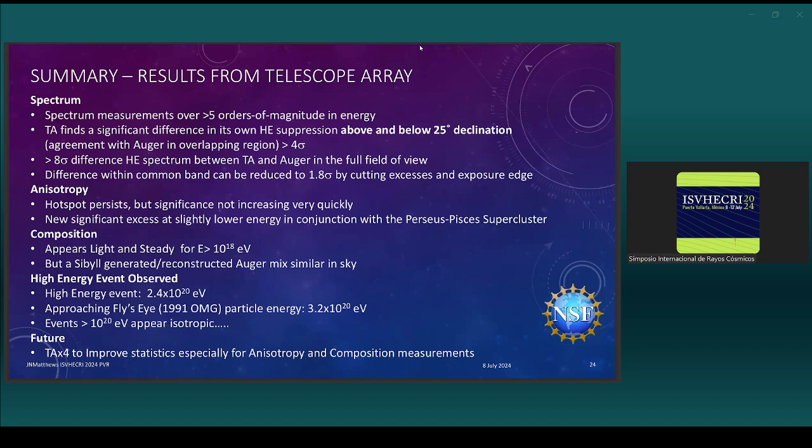I think a handful of years with TA times 4 will make a significant difference, but in the end, you're going to really need a much bigger detector. Preferably something that sees both hemispheres. You really got to sort that out.